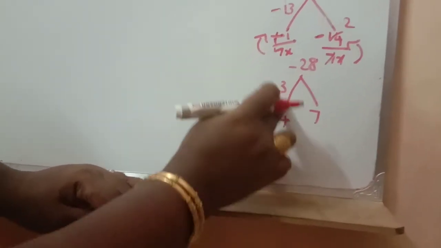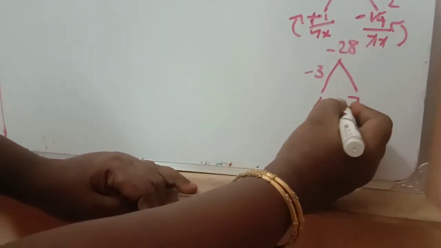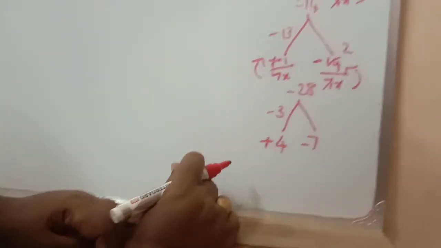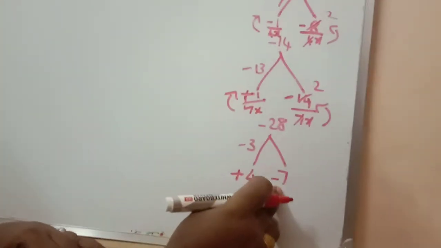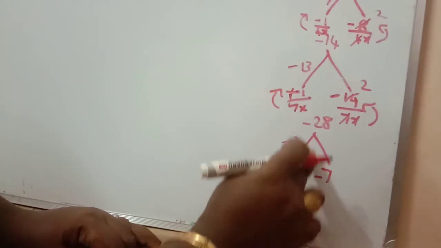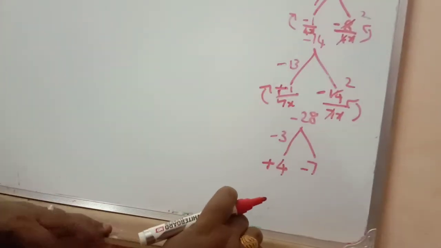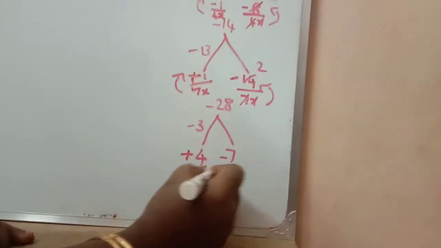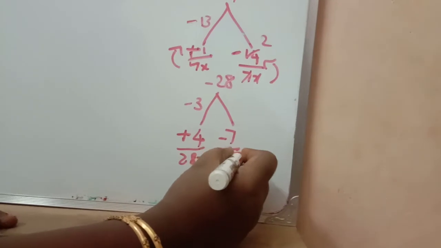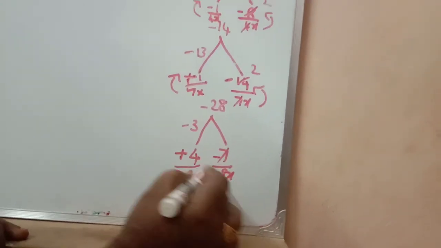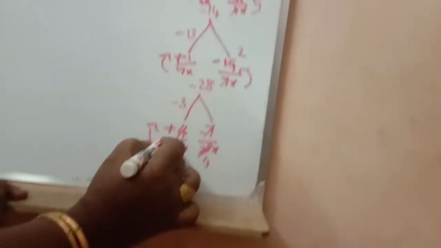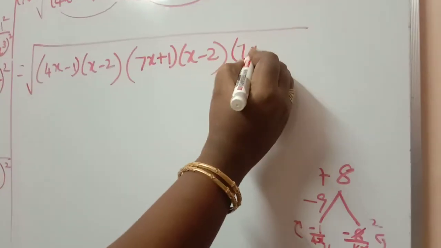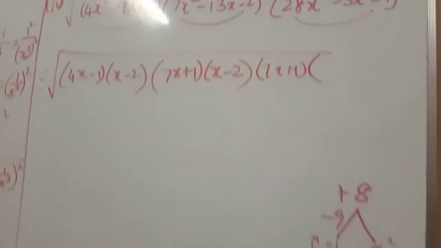So if we subtract and get this number, give this sign to greatest number, opposite sign to smallest number, and check plus 4 minus 7. If you add, minus 3, if you multiply, minus 28. Now coefficient of x square 28. So we divide by 28x. If we simplify, 7x plus 1 and here 4x minus 1.